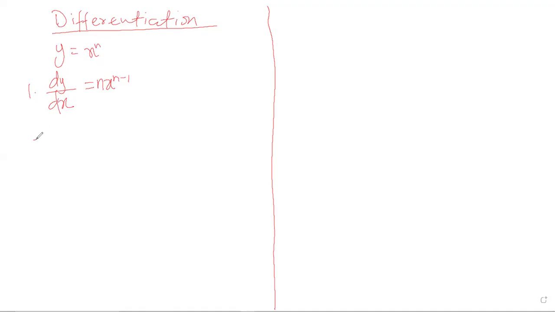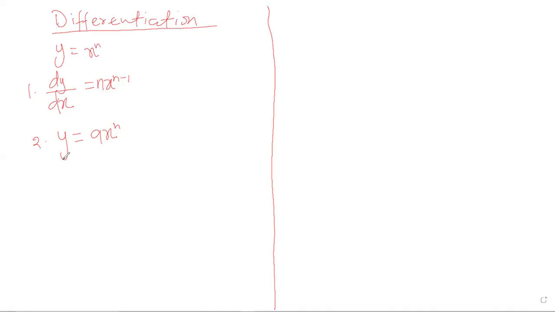Okay, 2. That is, if y is equal to, let's say, a x^n, where a is the coefficient, and we have the variable x and the exponent n.